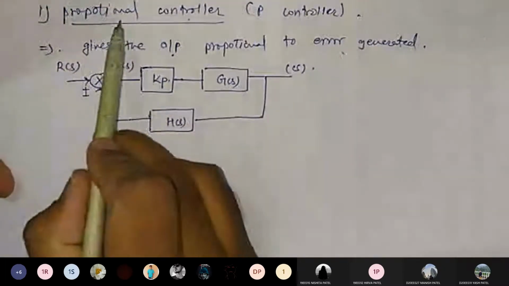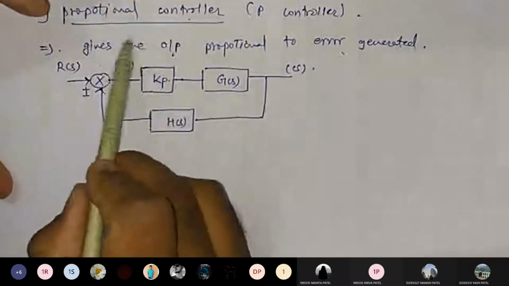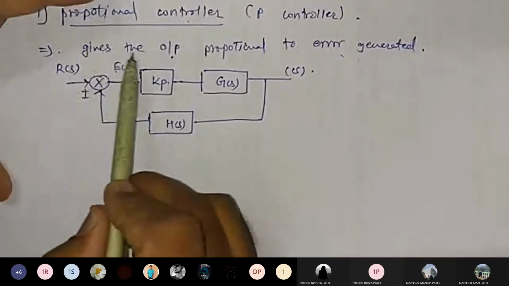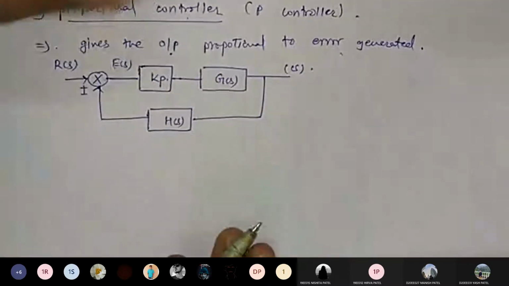So, just giving the definition again. The output of the proportional controller is proportional to the error generated.